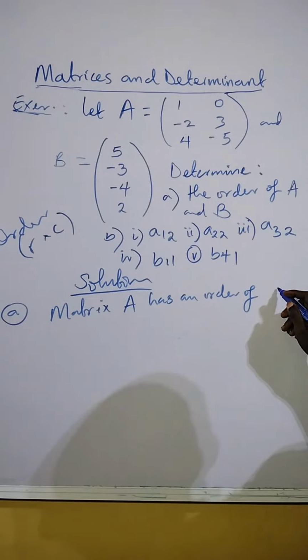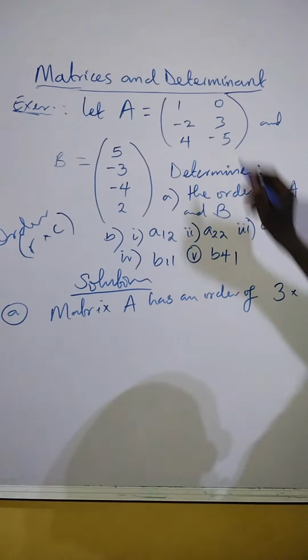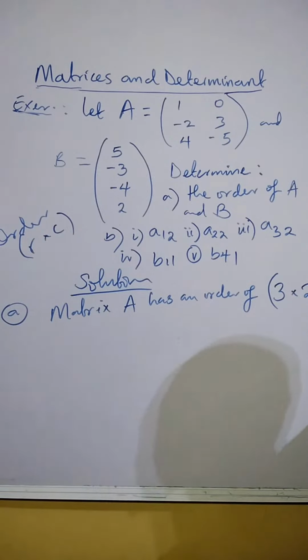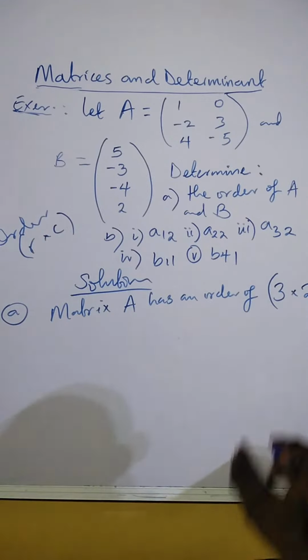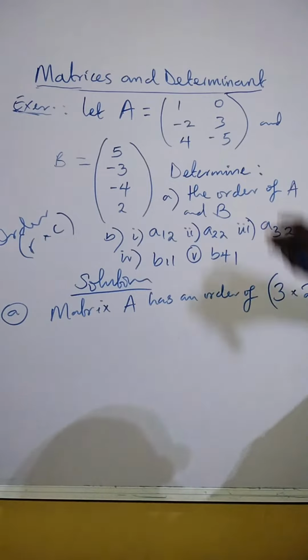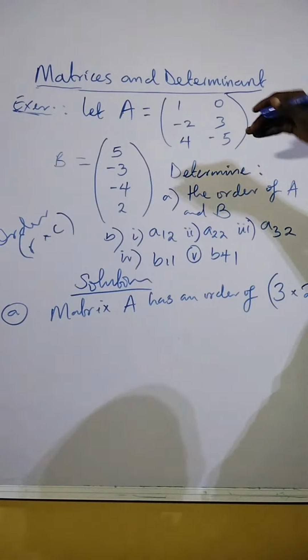That's 3 rows. So we have 3 by 2 columns. So 3 by 2. Very direct. Once you understand what you are doing, you can see that matrix A has 3 rows and 2 columns.